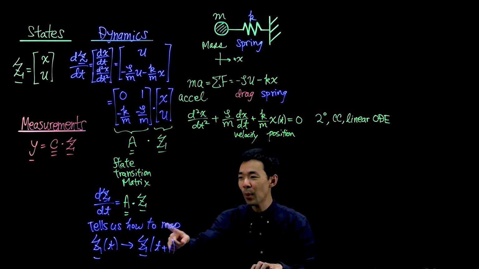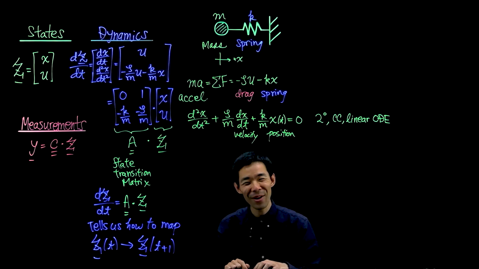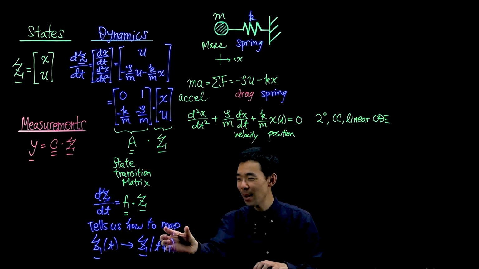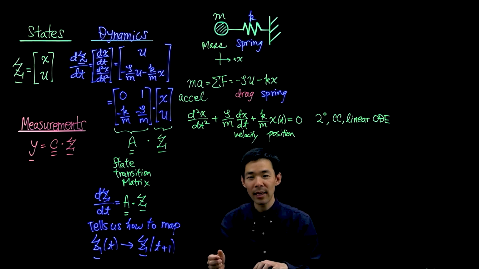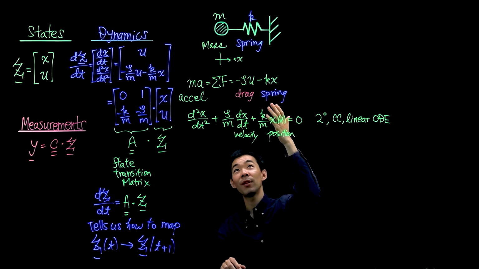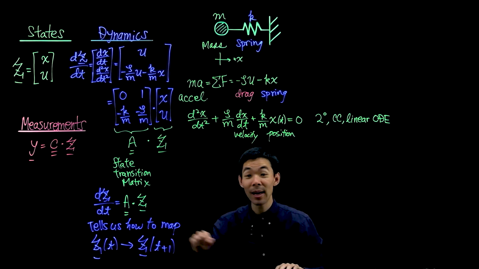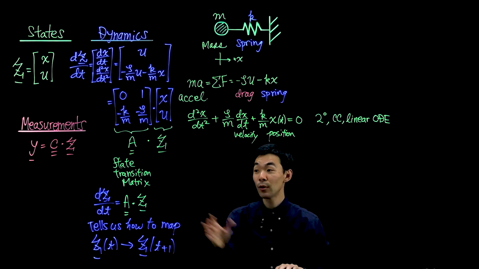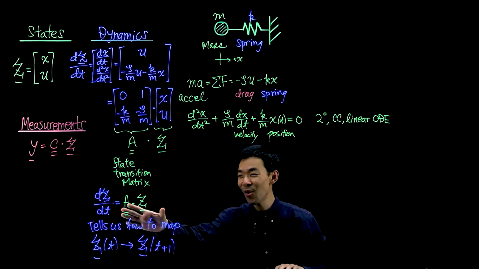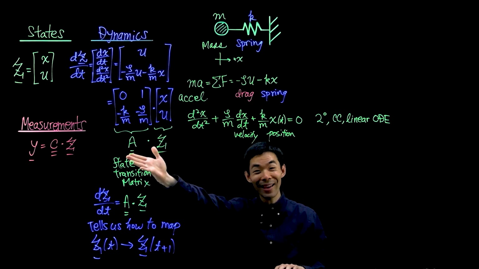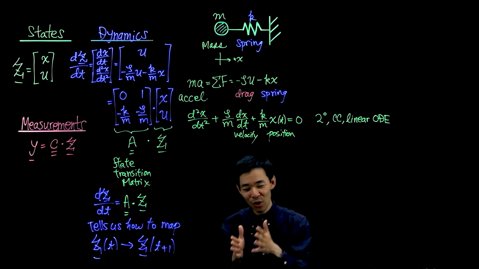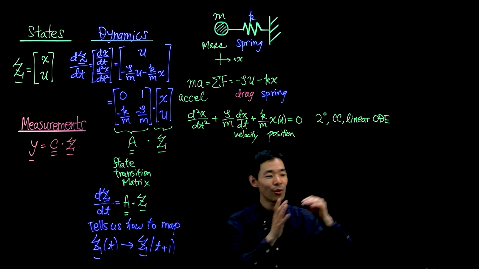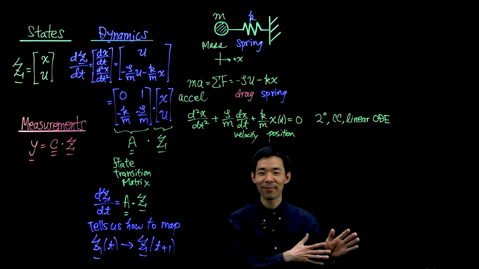Now, this is a very important linear equation that tells us how to map your states z, in this case position and velocity, from the current time step at t to the next time step at t plus 1. So this is your dynamics. If you know this equation, which we do in our case, we can map our current position and velocity to the next position and velocity.